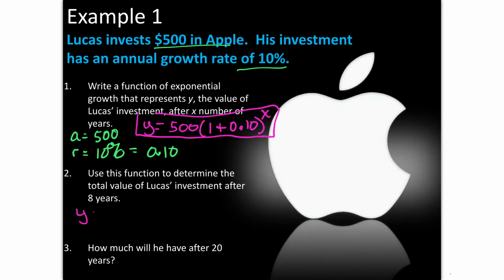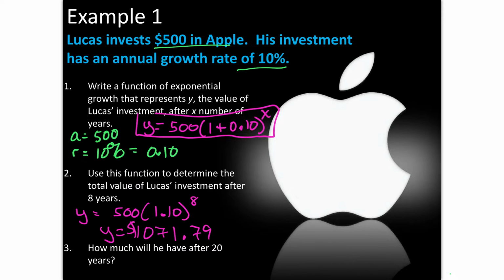So we have y is equal to 500 times 1.10, because I added that together, to the 8th power. And when I calculate that out, I get y is equal to $1,071.79. And make sure you're plugging it into a calculator, because I don't expect any of you to do that math by hand. I don't do that math by hand.